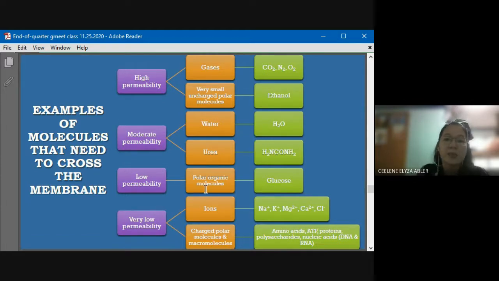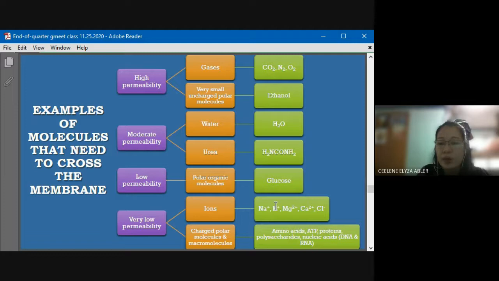So, how does it enter the cell? The very low permeability class has a lot of complications in entering the cell, and that will be described in active transport in Module 7. These are the ions, your ionic compounds, the ones that have charge. We have sodium, which has one charge, positive because it will be requiring 1 electron.